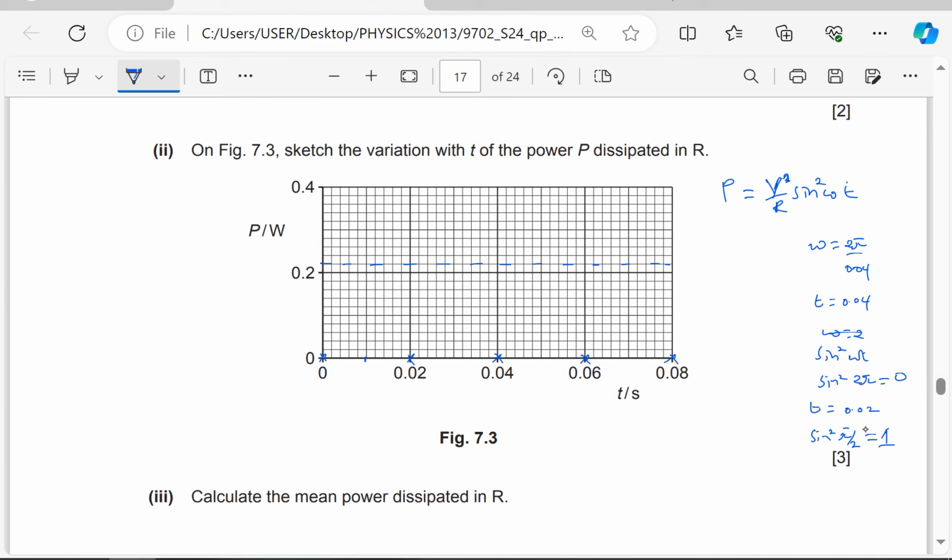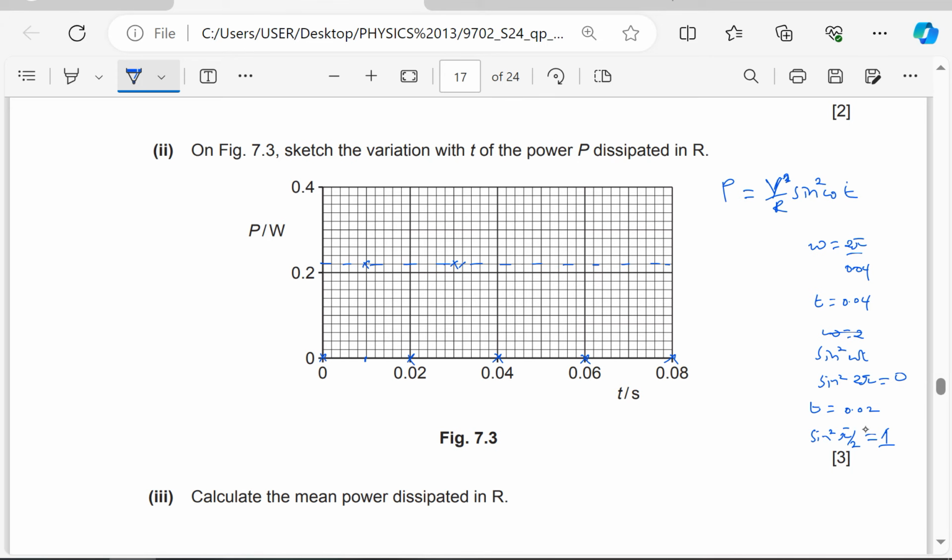Then at t equals a quarter cycle, that is in between here, V was maximum, and of course this is always going to be 1. That means our graph is going to touch this point. This point 1, 2, 3, 4, 5 here.